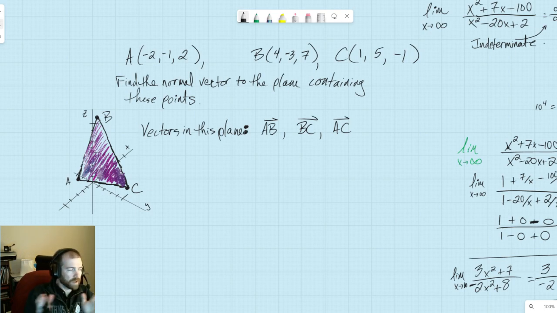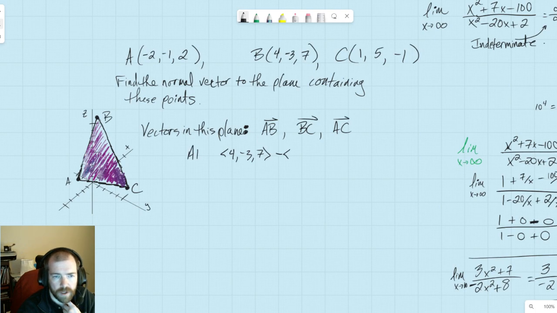The point is that we're going to take B as a vector, which is 4, -3, 7, and we're going to subtract from it A. So AB as a vector is going to be the vector 4, -3, 7 subtracted by the vector for A, -2, -1, 2.